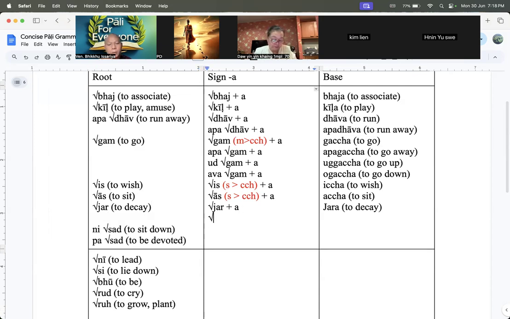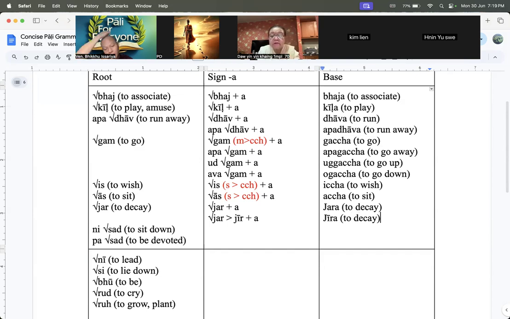But it changes, so jar, but that jar is changed to jir. So this is changed to the ear. So after that, also jira. So to decay, the same meaning.